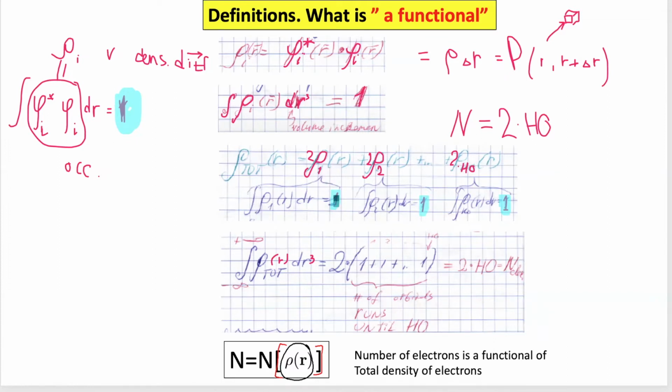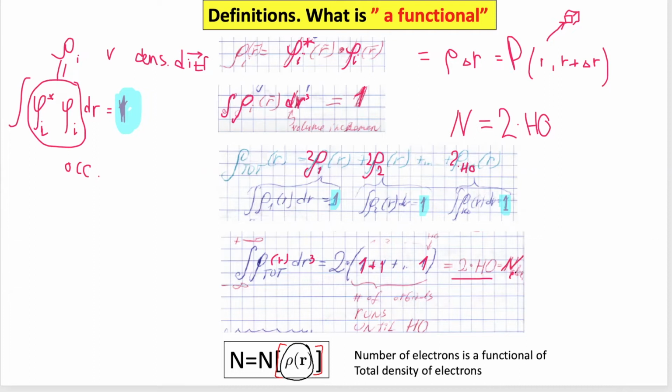Individually, we will get 1 because of orthogonality. And if we do it for each orbital, we need to add together 1 plus 1 plus 1, as many times as many orbitals we have in our model. So what will be the result? It is 2 HOMO, which will be equal to the total number of electrons, right?